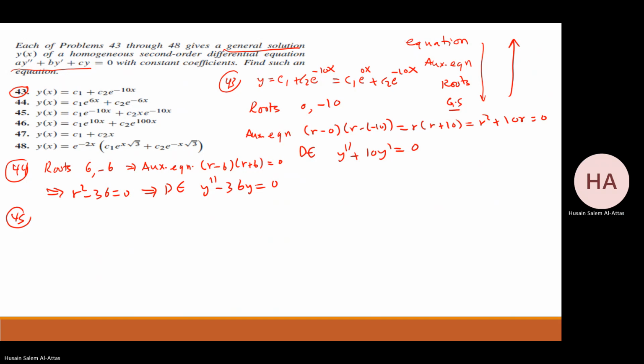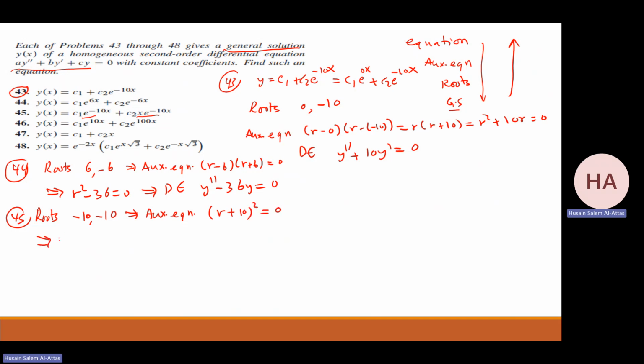45. I have now this with x, which means I have a repeated root. So the roots are minus 10 and minus 10. So the auxiliary equation is r plus 10 squared equals 0.